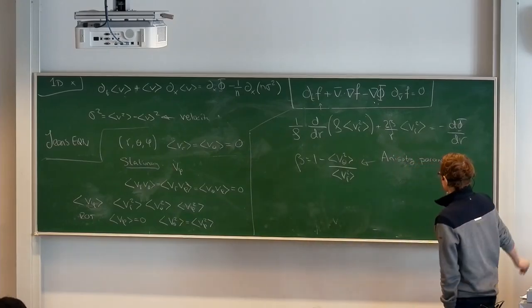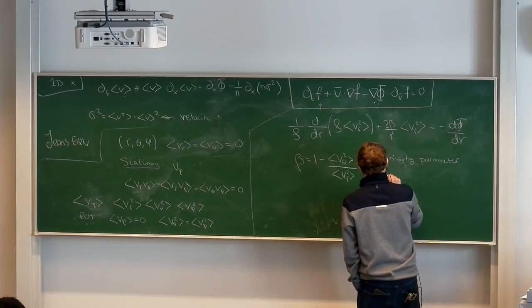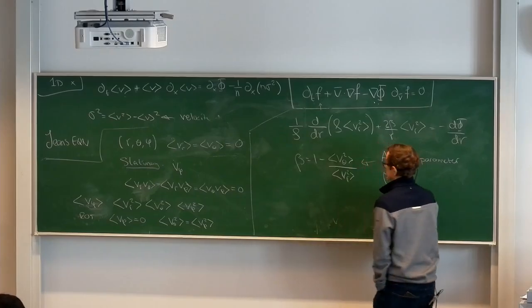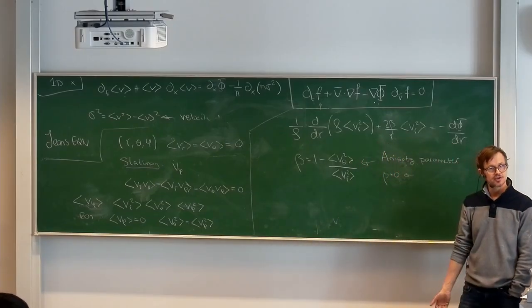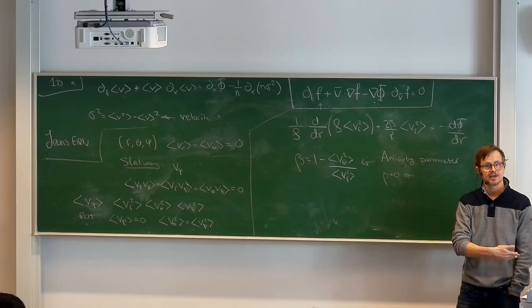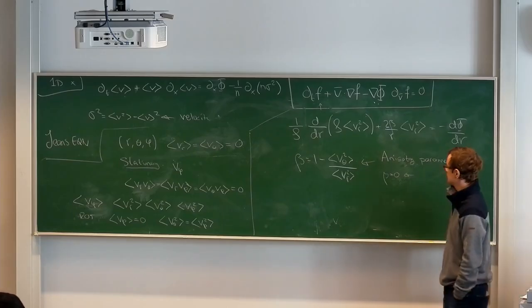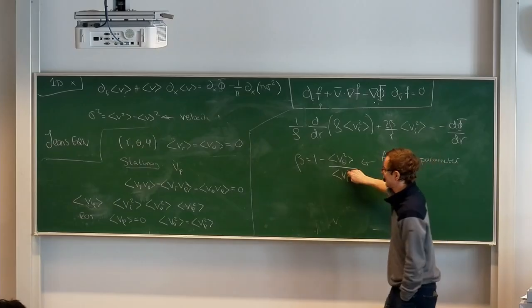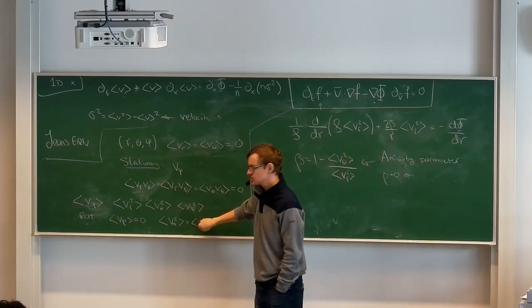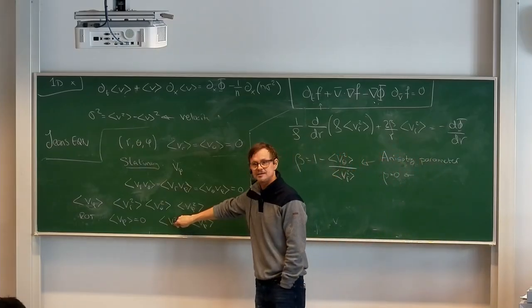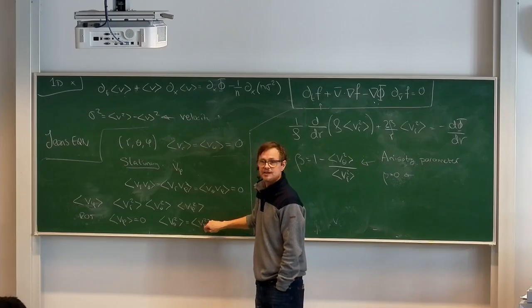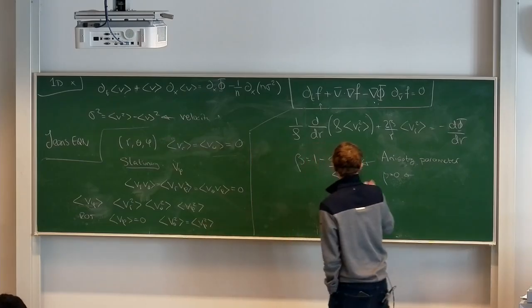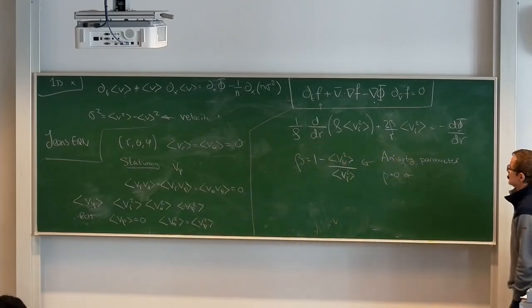Well, if beta equals 0, then all 3 of the dispersions are the same. So we have isotropic velocity dispersion, because then all 3 are the same. By definition for this system, we had that V theta squared has to be equal to V phi squared, so then we just have that.